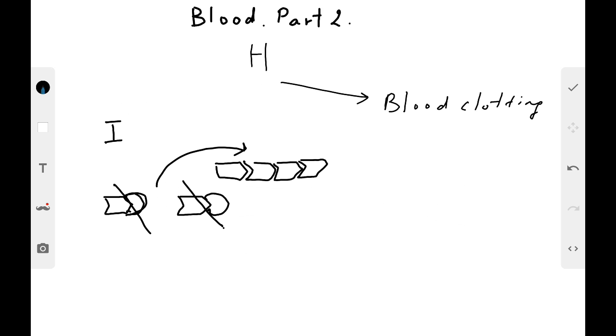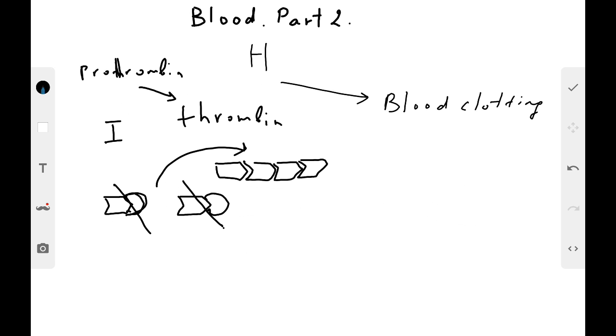Thrombin is produced from prothrombin. And prothrombin is activated by a number of factors.